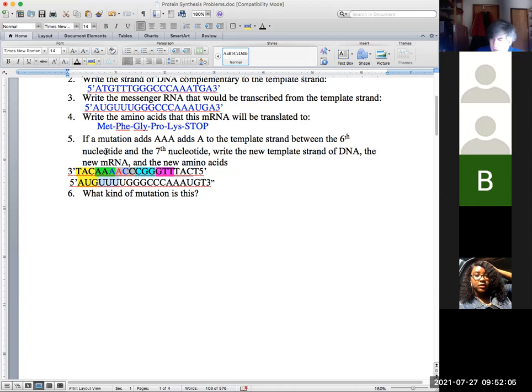So again, keep in mind, we're going to read this 3 nucleotides at a time. I don't know why I keep changing the font color.